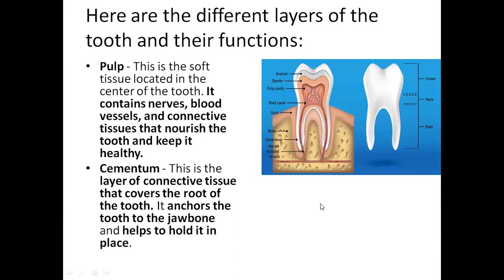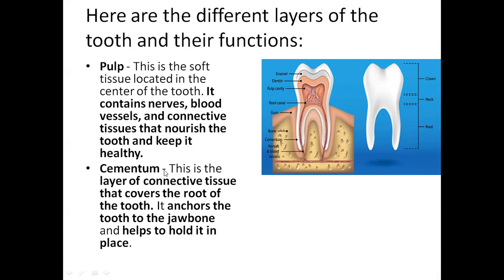We have the pulp. Now the pulp, this is the soft tissue located in the center of the tooth. So we have the pulp that's located here, or this part is the pulp. Okay, it contains nerves, blood vessels, and connective tissues that nourish the tooth and keep it healthy.